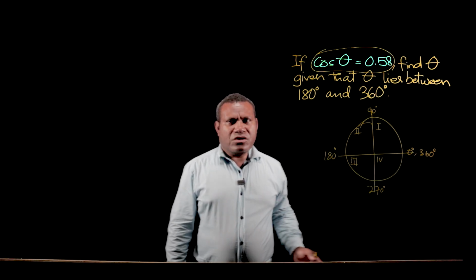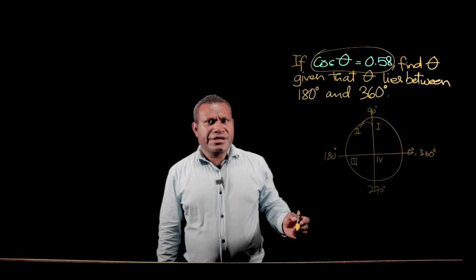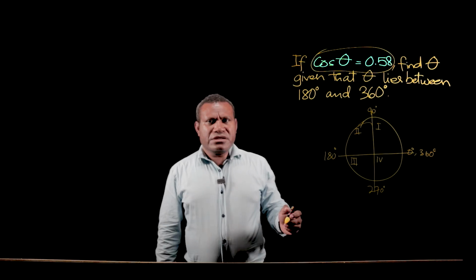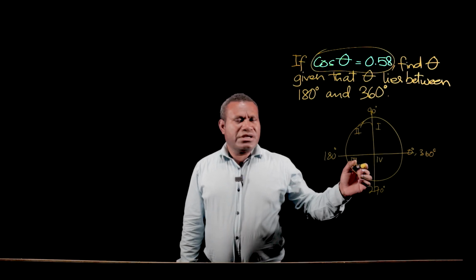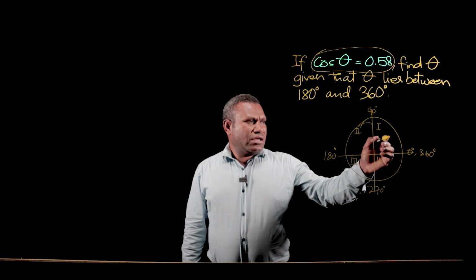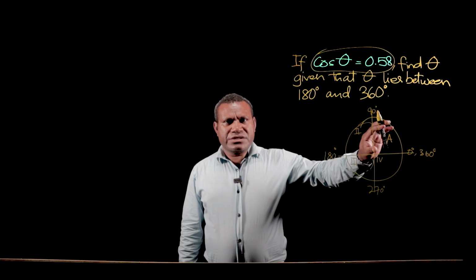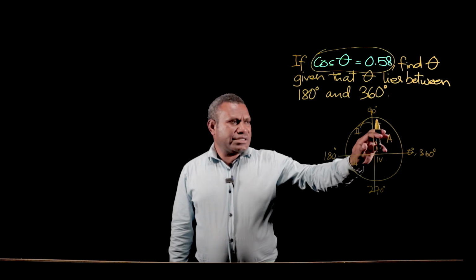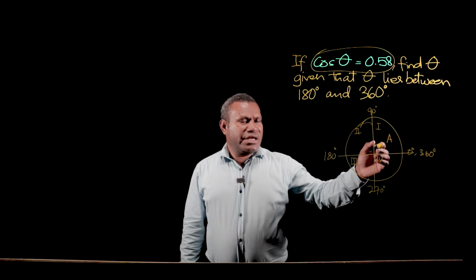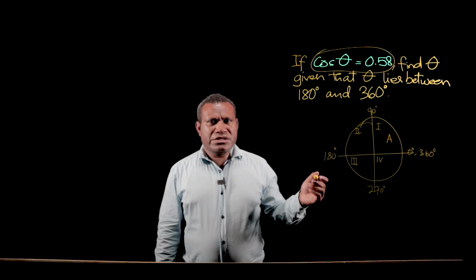If you complete one complete revolution, then it's 360. The other thing that we have learned is about the ASTC rule. Here, this quadrant has got all the acute angles, angles less than 90 degrees.